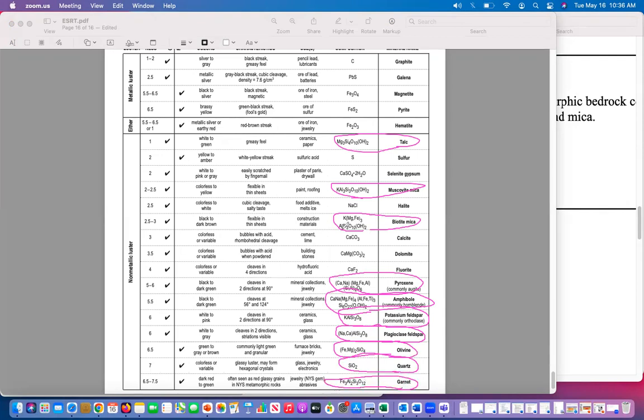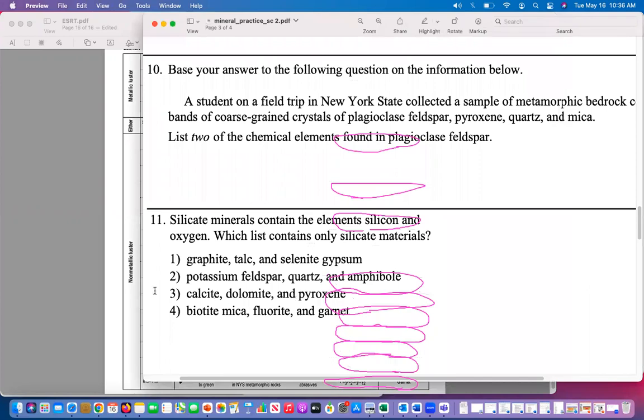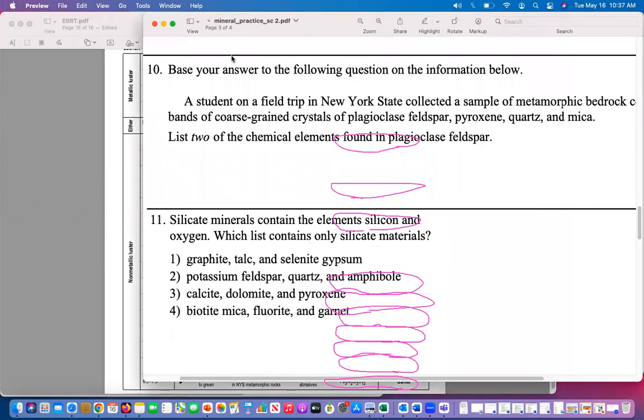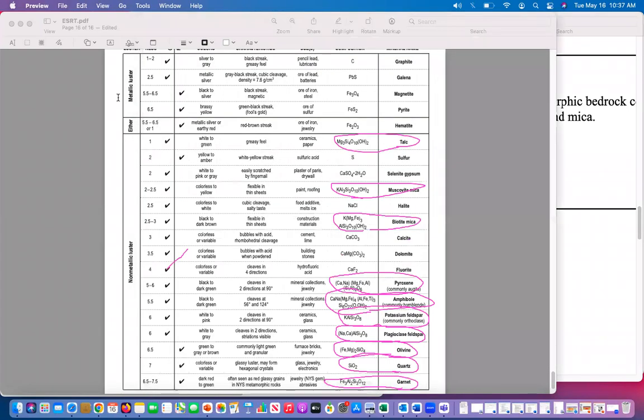Now I'm basically going to match to see which of these minerals cover the choices. Graphite wasn't on the list, so I can cross out choice 1.